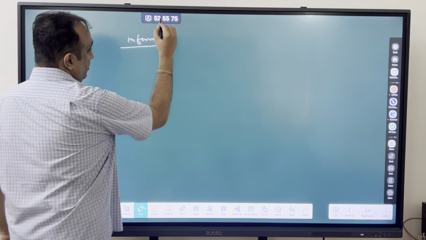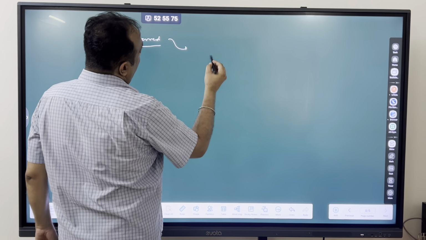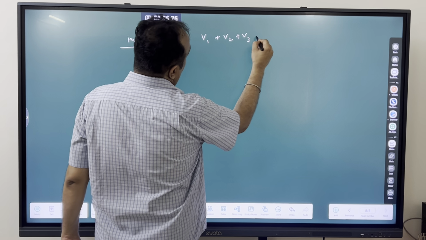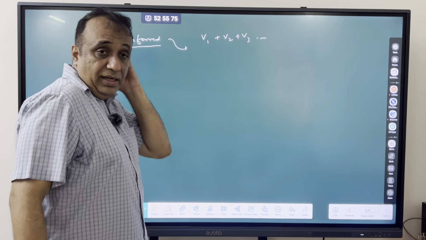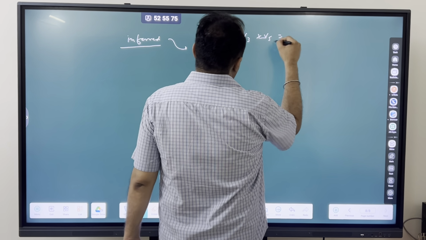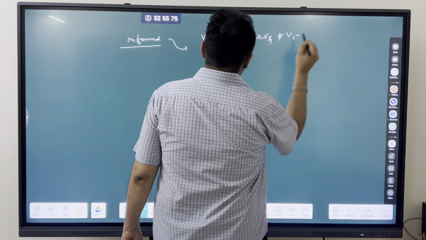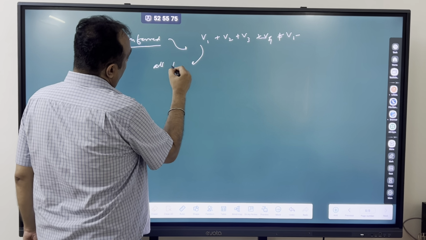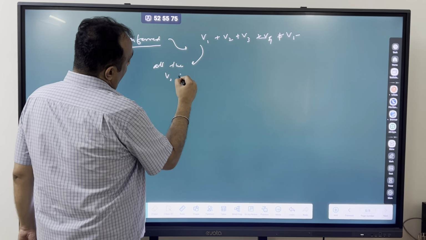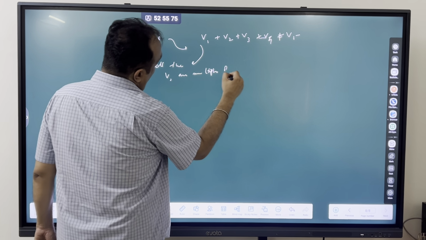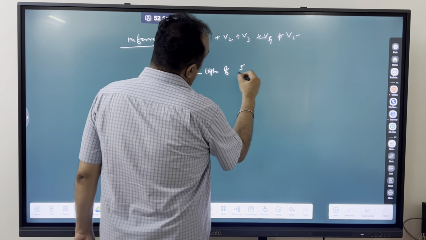For example, I tell you that my variable space has variables v1, v2, v3, v4 and v5, and I give you a condition saying all the v's are multiples of 5.